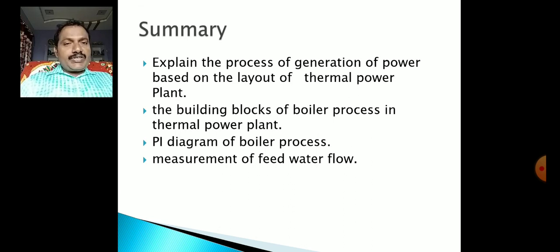That wet steam is not suitable to run the turbine, so that must be superheated so that appropriate temperature will be maintained in the steam. That appropriate superheated steam is directed towards the turbine. Then the turbine starts rotating. Once the steam touches the blades of the turbine, then the turbine starts rotating.